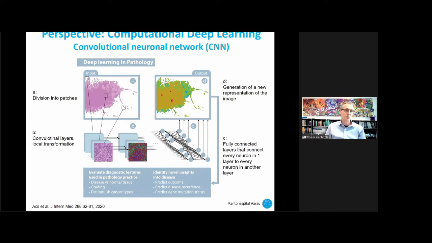And as we know, for those who are not very familiar with this, deep learning works mostly with convolutional neural networks. That means the image is divided into patches and into convolutional layers that are locally transformed into images. These are connected by neurons, and these neurons are connected again. That produces a new image on our monitor.